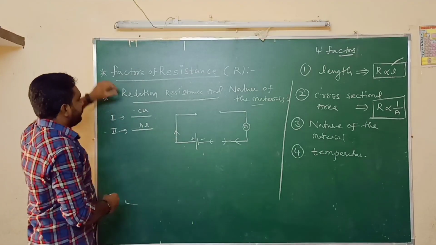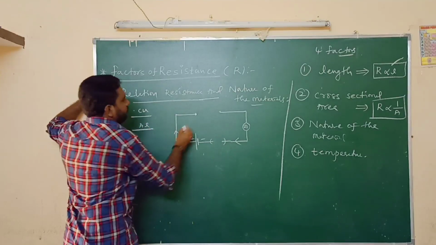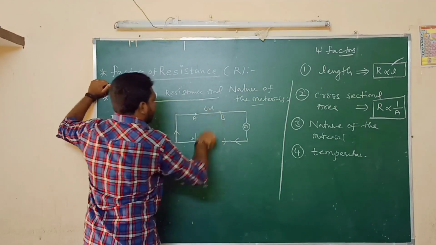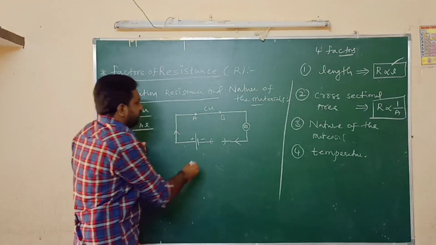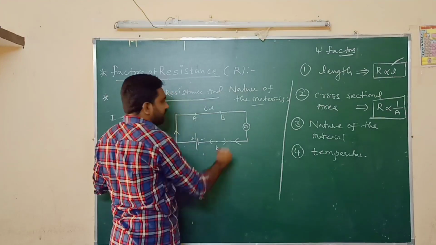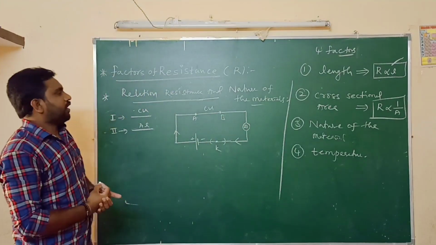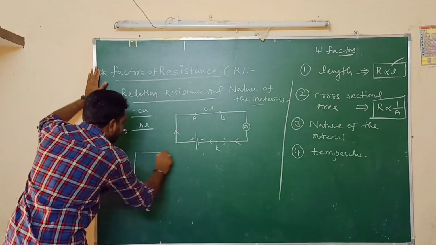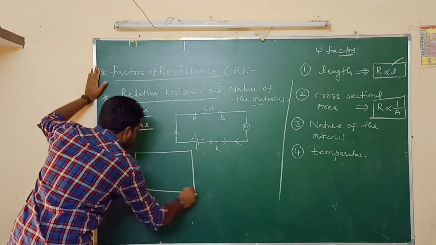So now we are placing wire 1 between AB. That means copper. Again, we have to close the switch and note the reading of current with the help of the ammeter. For that observation, again I am going to draw the table.